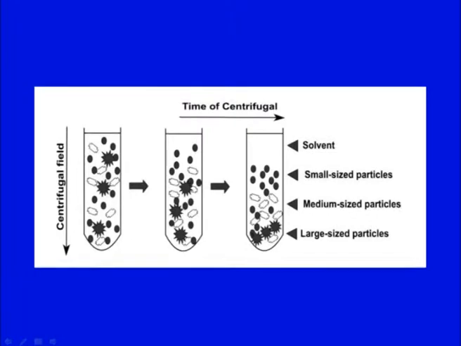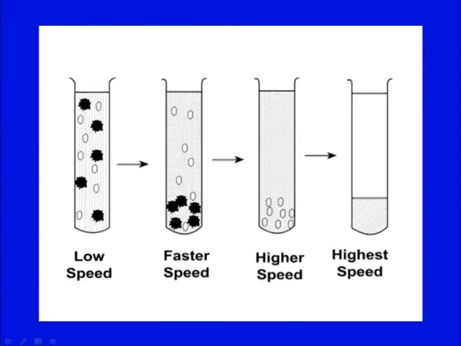Now, this is a very simple way of showing this: you have a centrifugal field in this direction and as you go along you get different sized fragments separated and could be purified. So, first is low speed, then faster speed, higher speed and highest speed, that is the sequence of events which occur in this centrifugation method.